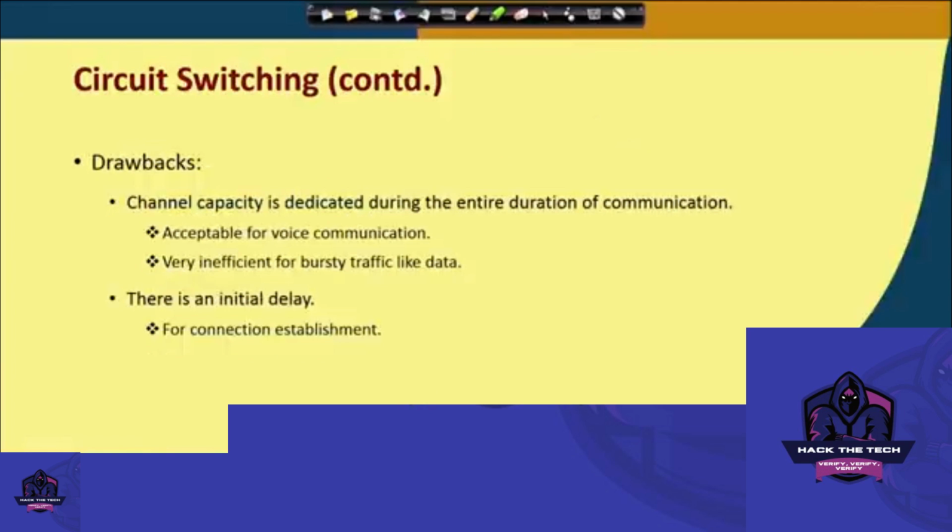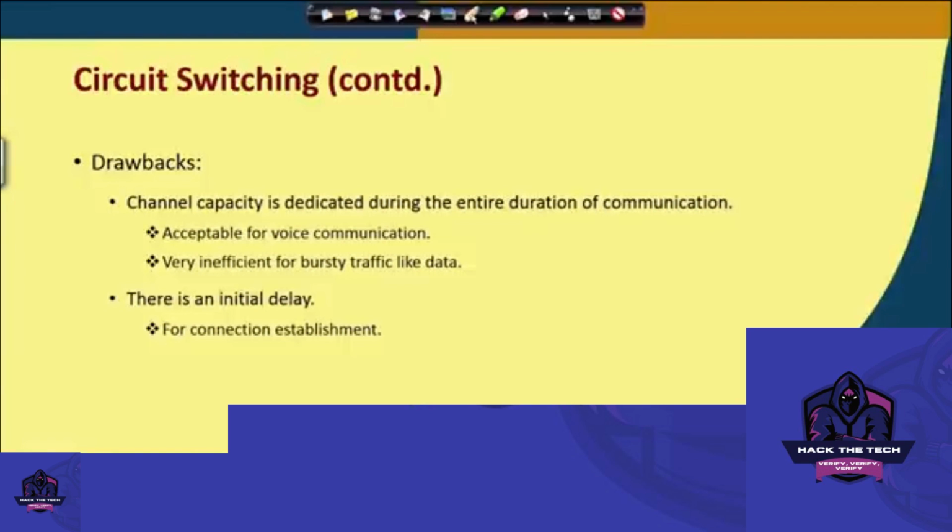Now, circuit switching has some obvious drawbacks. First drawback is that because you are having dedicated links from the source to the destination, during the time the communication is active, this entire channel is dedicated for the communication. But you see, when you send or transmit data, it is not that data are being transmitted continuously.